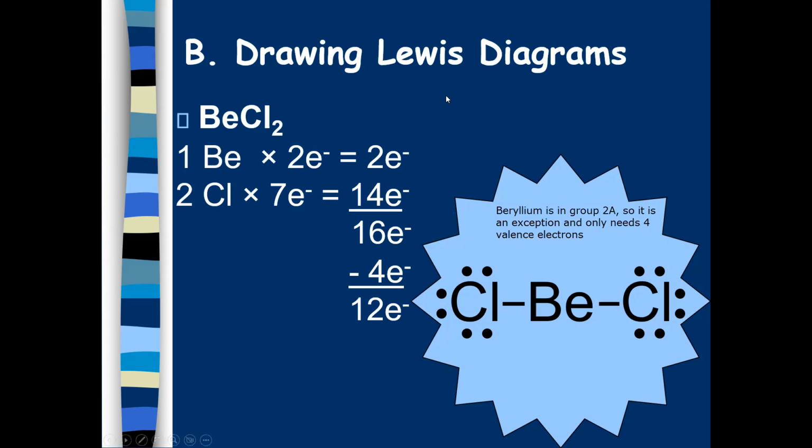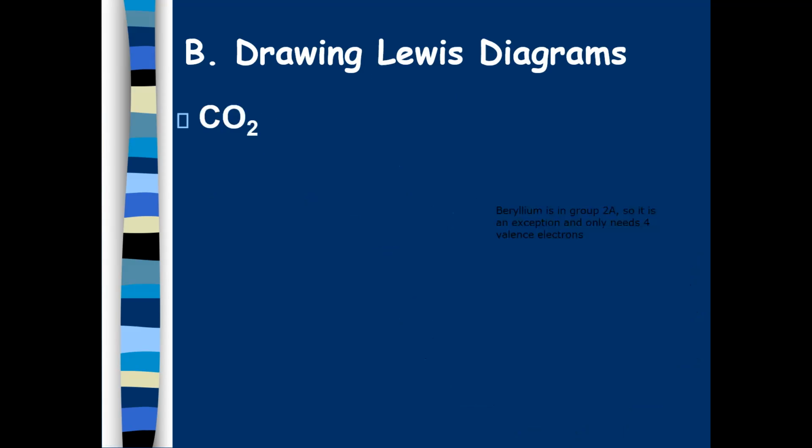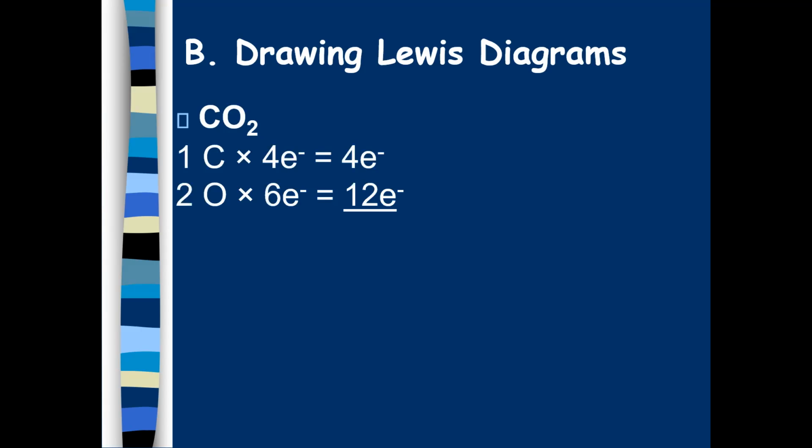So yeah, that is definitely a good thing. All right, let's keep going. And I'm going to erase that. Now carbon dioxide. Carbon is in group 4. We have 4 electrons for it. Oxygen is in group 6. There are 2 oxygens, so 2 times 6 is 12.